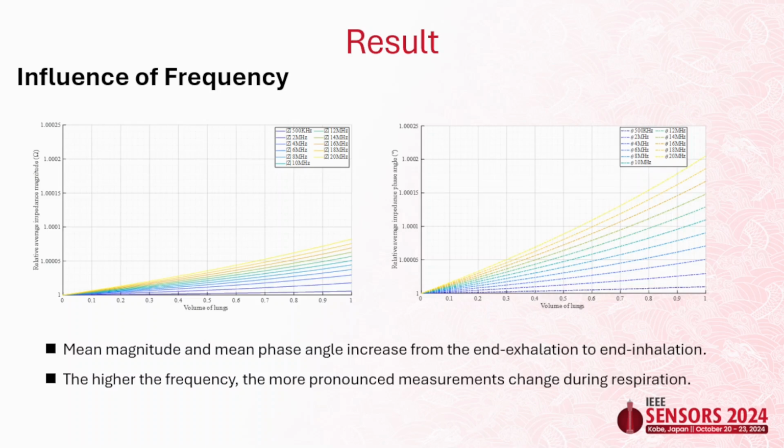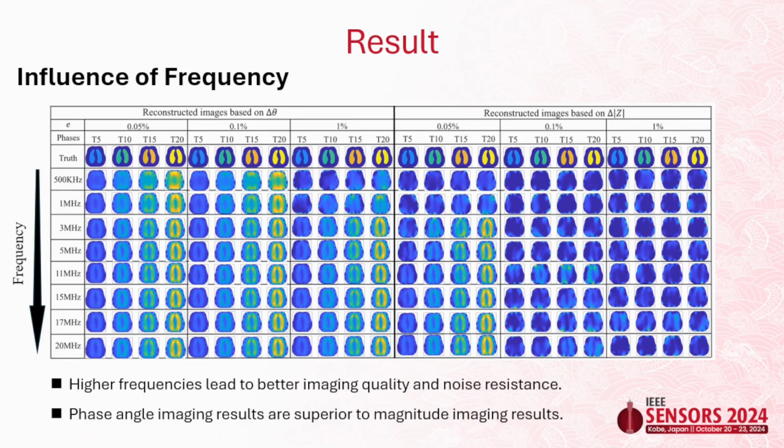The higher the frequency we use for the CEIT, the higher the magnitude and phase angle measured, which means the data will be more distinguishable between different phases of your breathing. And these are some results of the reconstruction based on both the phase and the magnitude. As you can see here, mostly the phase data has better results at different noise levels.